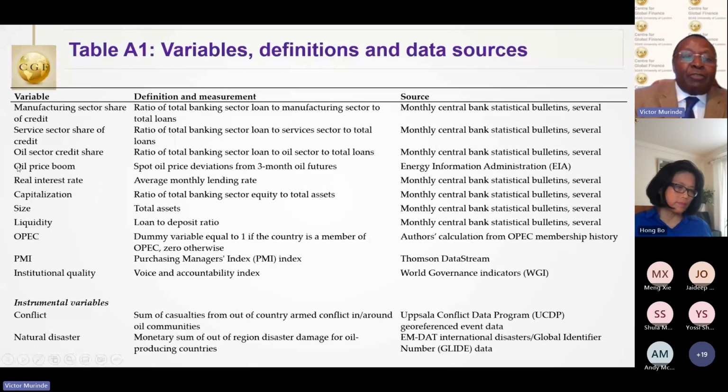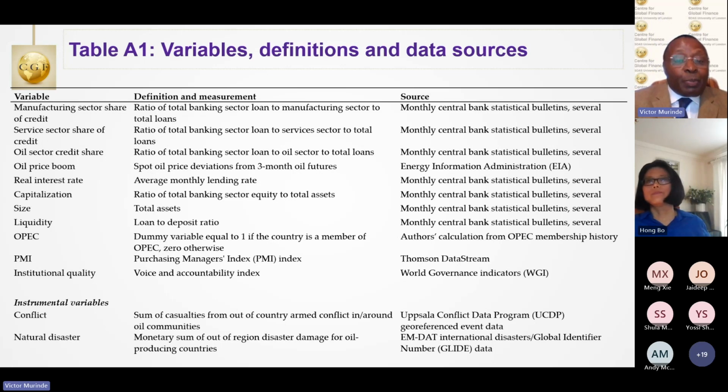And then we have the boom variable, the oil price boom, measured as the spot oil price deviations from 3-month oil futures. As I will explain shortly, we are looking at both the spot oil price and the oil futures.